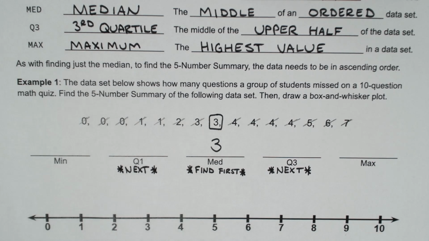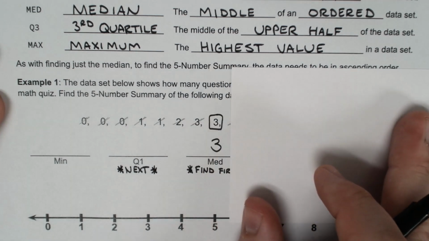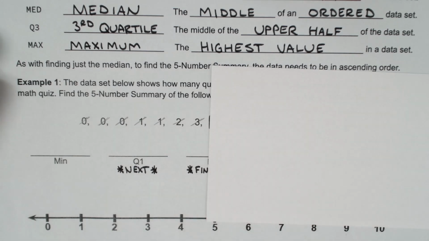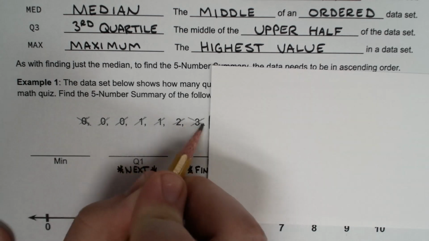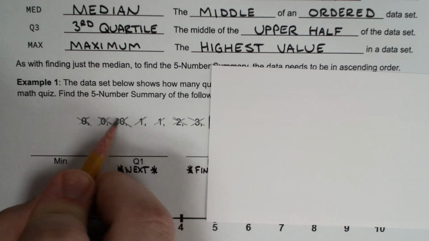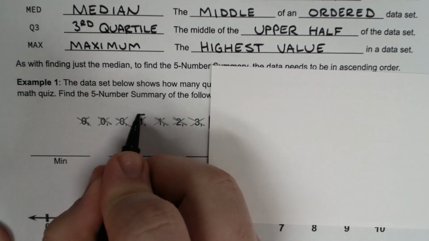And to do that, all I'm going to do is just look at the lower half of my data. So ignore the median and everything above it. To find Q1, I'm just going to go through that same median process again. It's just the median of the lower half. So cross out the 0 and the 3, cross out the 0 and the 2, cross out the 0 and the 1, and it looks like the middle of the lower set is 1.